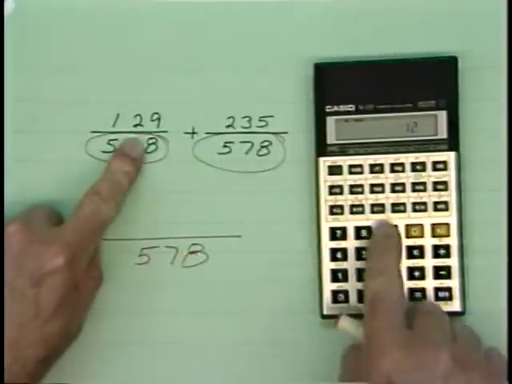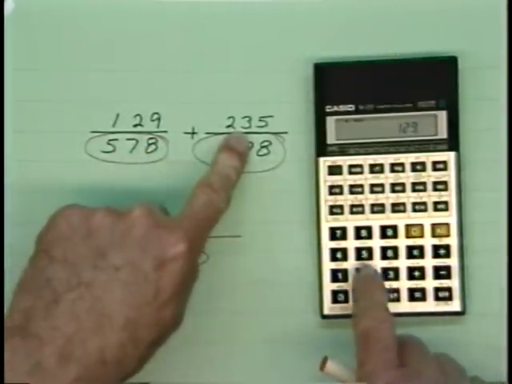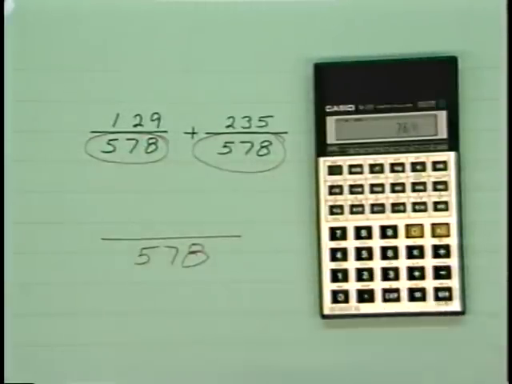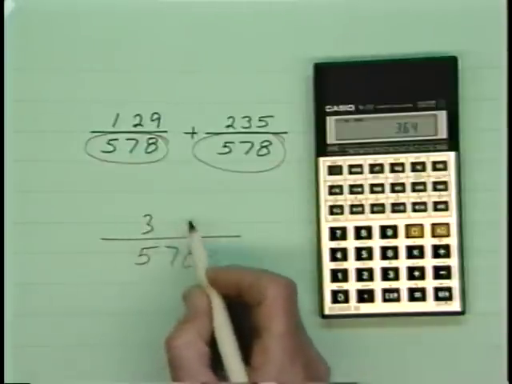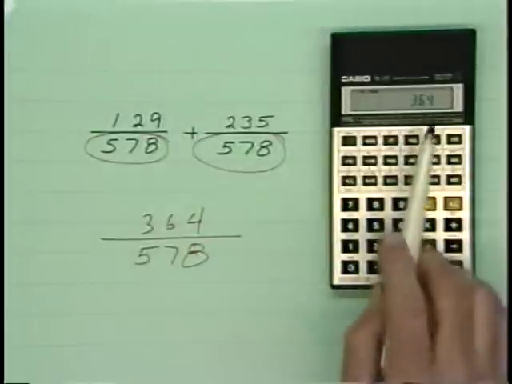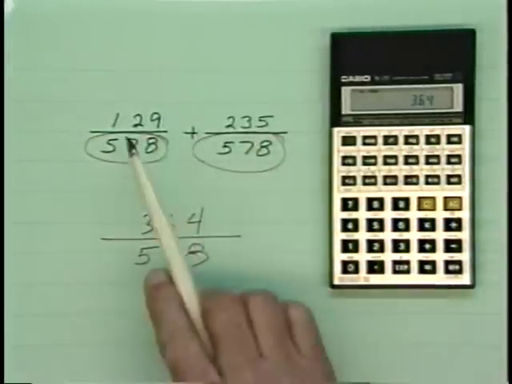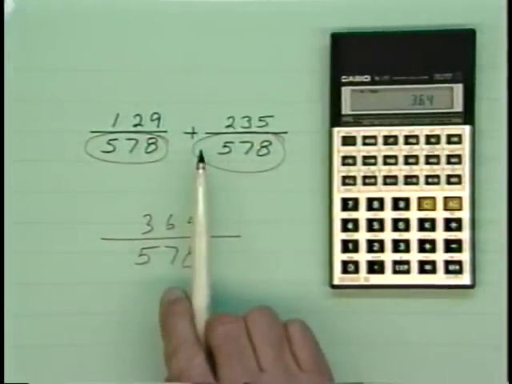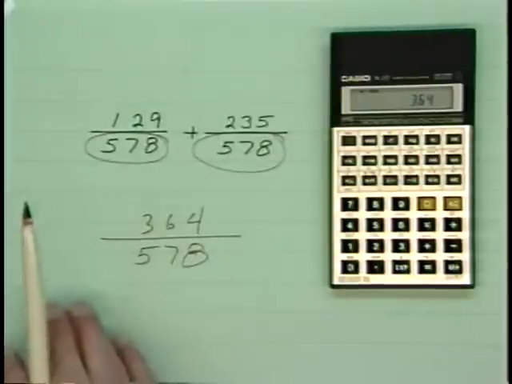So 129 plus 235 is 364. And of course, whether you use a calculator or whether you do it by hand really depends upon what kind of skills your teacher is trying to work with you on at that moment.